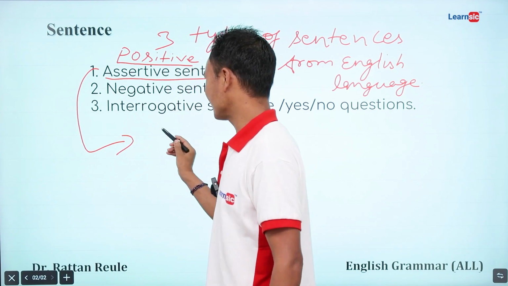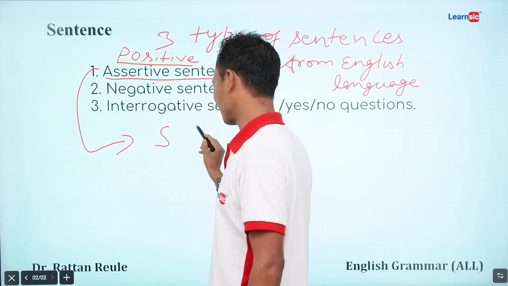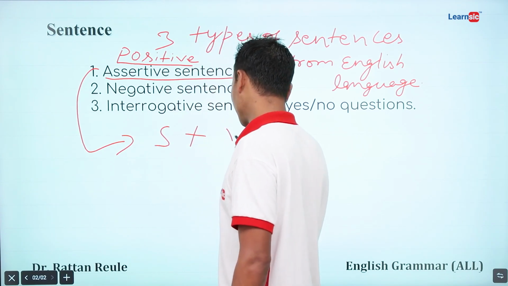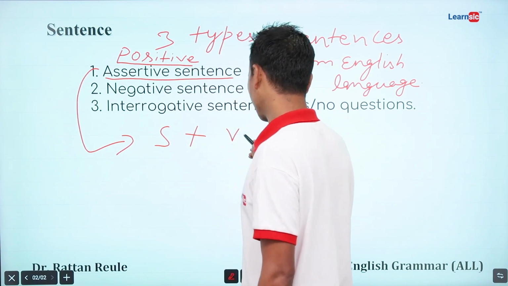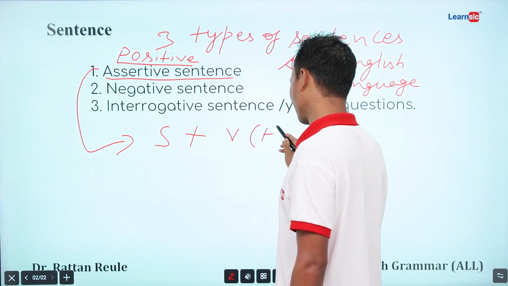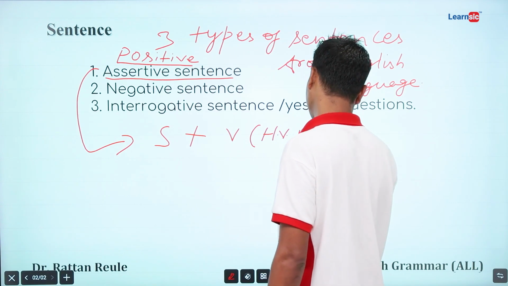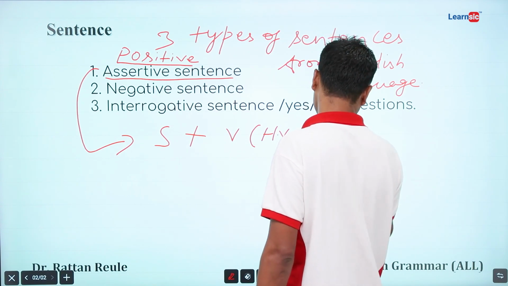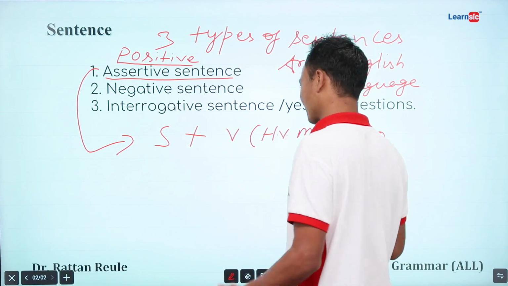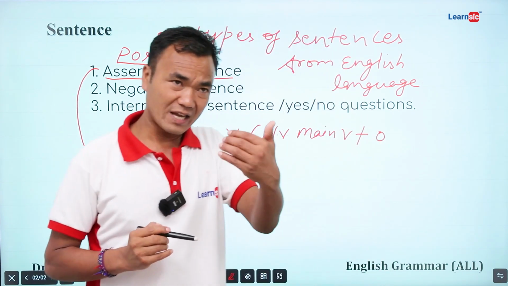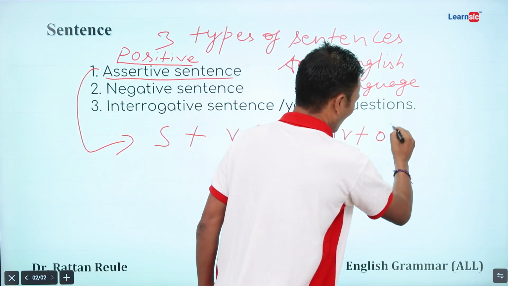Normally an assertive sentence has a subject here and there is a verb category, right? Verb can be of 2 types. There is a helping verb as well as the main verb in a sentence. After that, I write other words, or object.